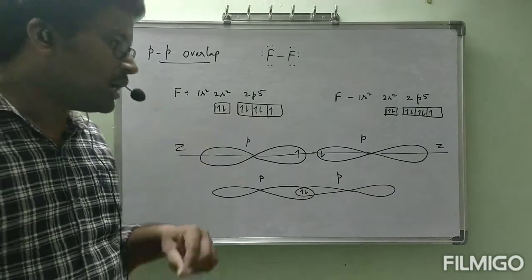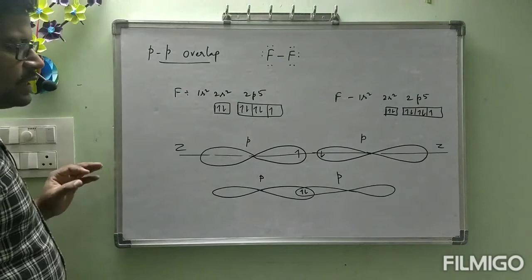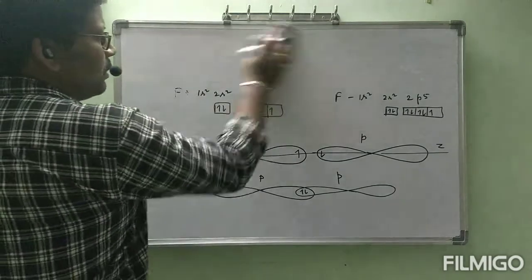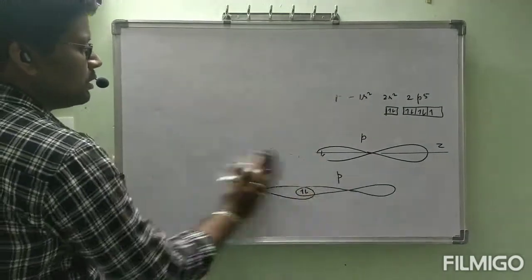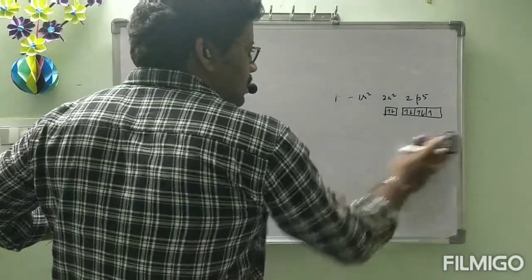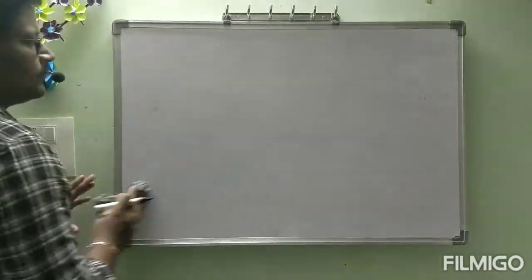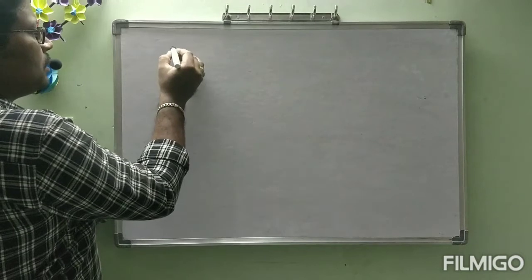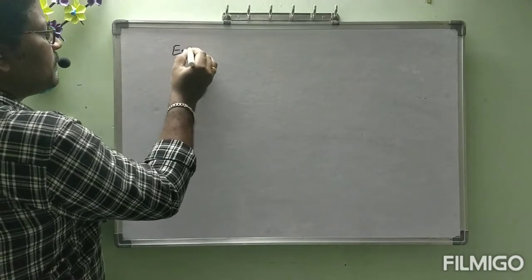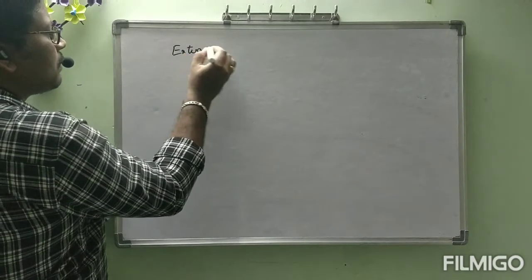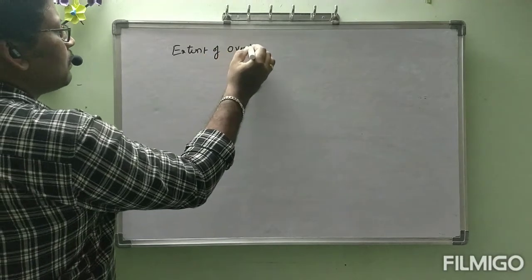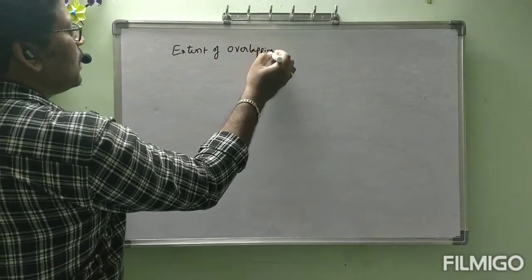One small order is there. Let us note down. Extent of overlapping order.